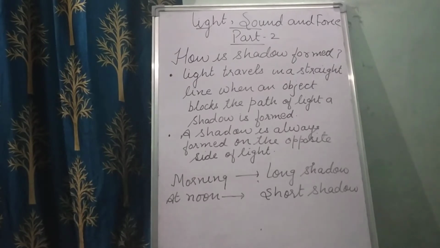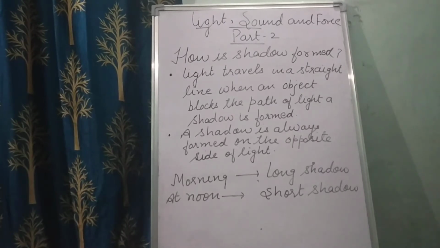Now when we're talking about the afternoon, at noon time, the sun is directly overhead, because at that time the sun reaches its highest point. So at noon the sun rays fall vertically on the body, so the shadow is very small at that time.